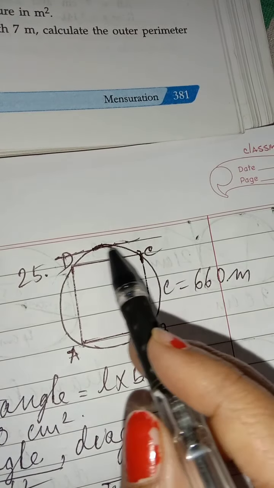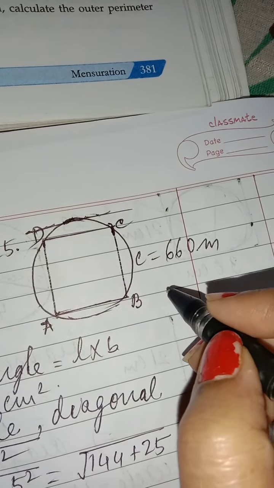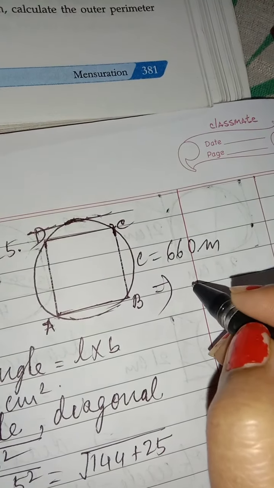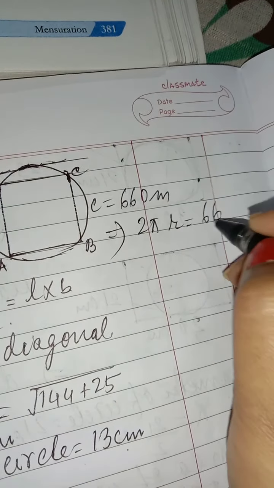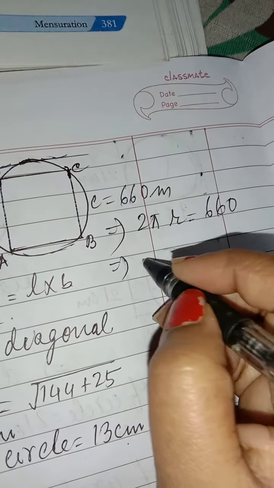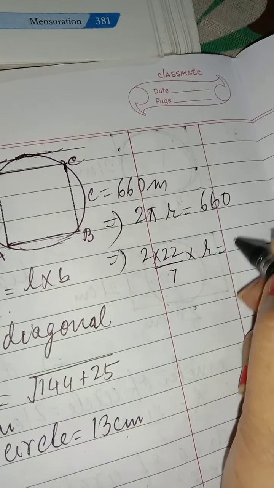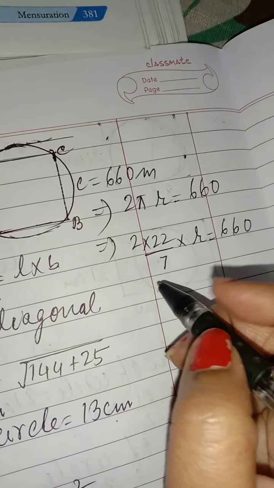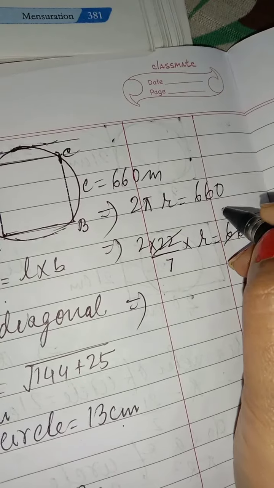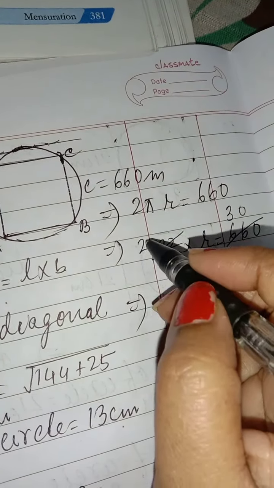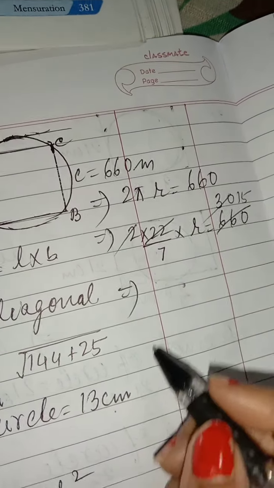So whatever is given, we have to start from there. Circumference is given as 660 meter. So this implies 2 pi r equals 660. So 2 into 22 by 7 into r equals 660. Now let's cancel. 22 times 3 is 66, so 30. So now it's 2 into 15 times.